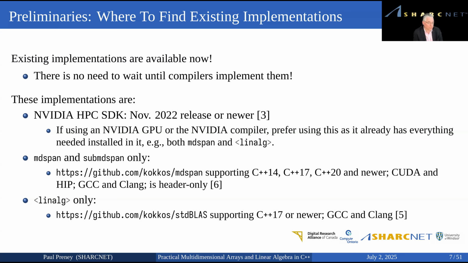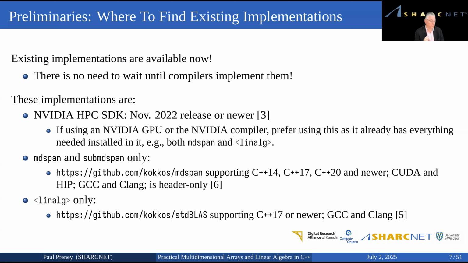So you might want to use these implementations even if your compiler already supports this stuff. So, the implementations to consider. If you're using the NVIDIA HPC SDK, you don't have to do anything else. mdspan and the linear algebra stuff are already in it. They have been since November 2022.